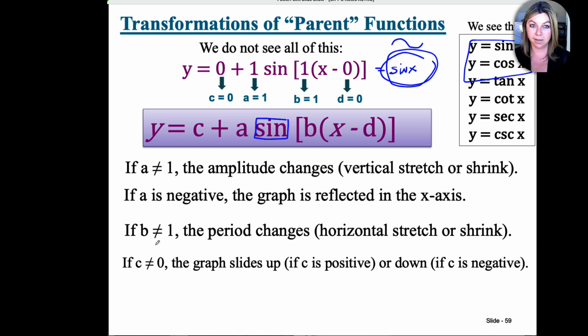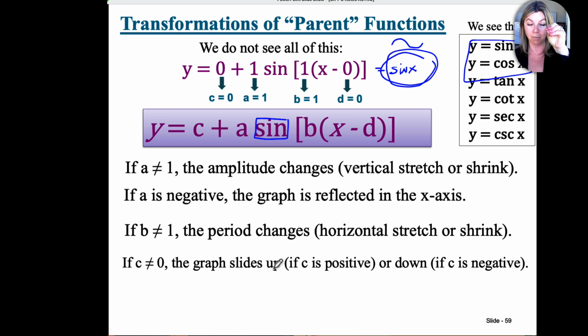All right, C. Our current C is this implied 0. But if C does not equal 0, then our graph is going to slide up if C is positive and down if C is negative. Now, notice it's the word slide, not stretch. To slide a graph up, it's almost like picking it up with your mouse, moving it up and dropping it somewhere higher, or down if C is negative.